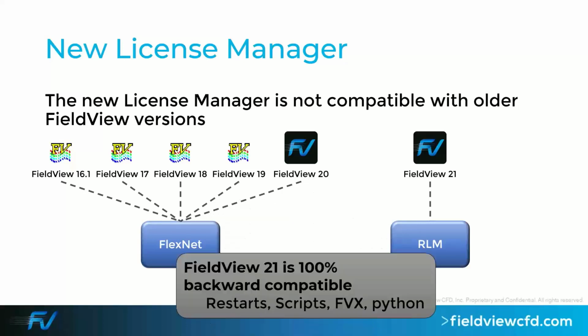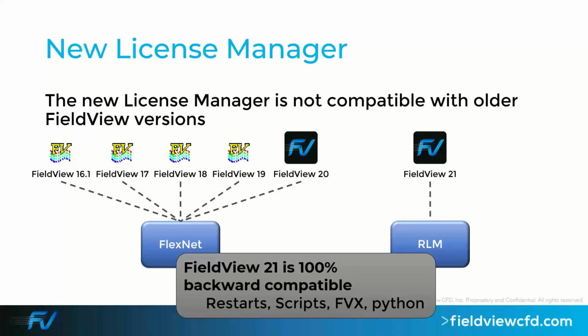But you should have no problem doing that. FieldView 21 is 100% backward compatible. If you have created restart scripts, FVX or Python scripts for previous versions of FieldView, we've worked hard on making sure that they all work in FieldView 21 and will give you the same images all the time.